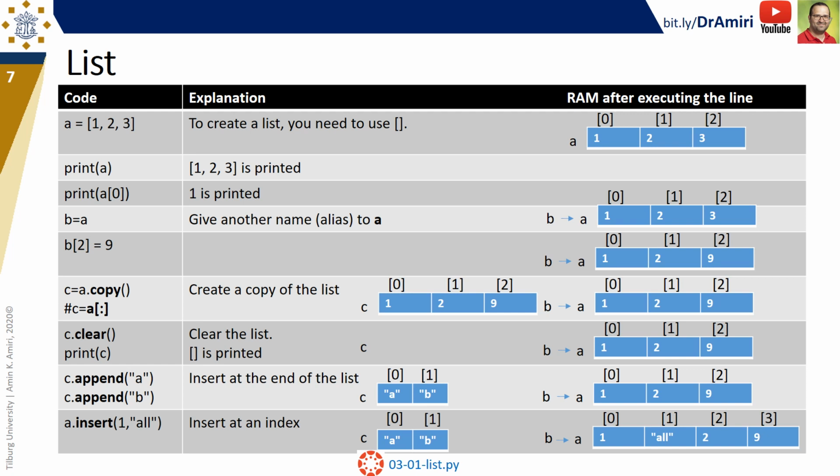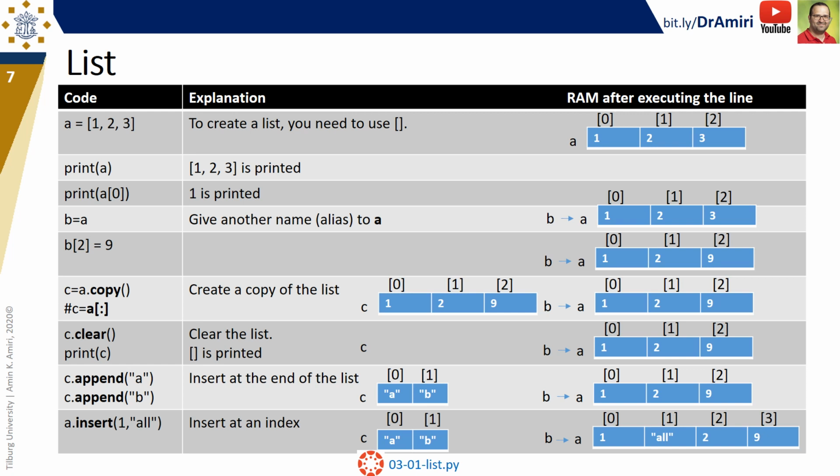As you can see here in the first line, a list called A is created using a bracket, and three numbers are given to be stored in this list: 1, 2, and 3. As you can see on the right side, Visual Studio Code creates a storage box with three inner storage boxes.